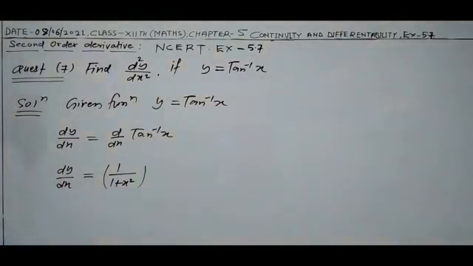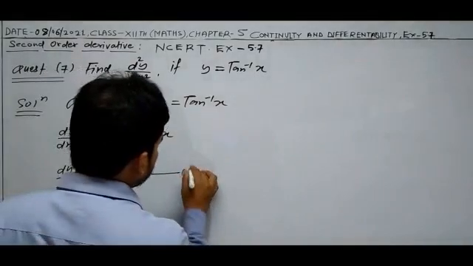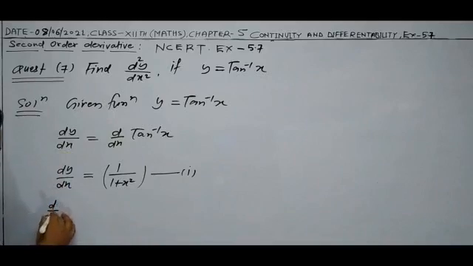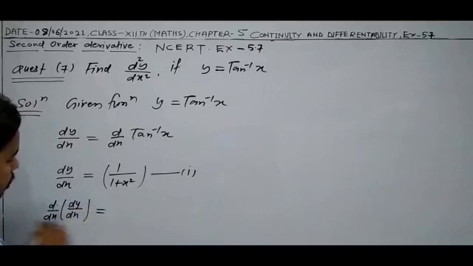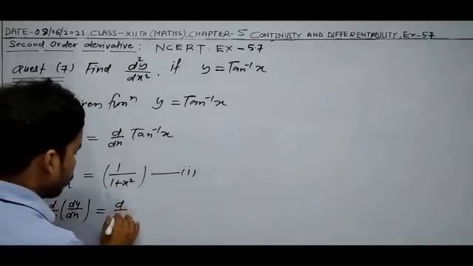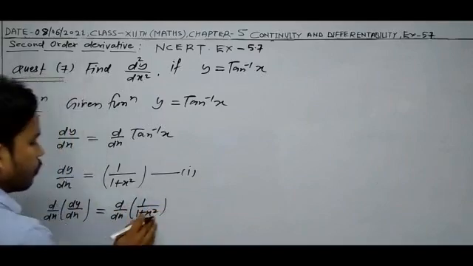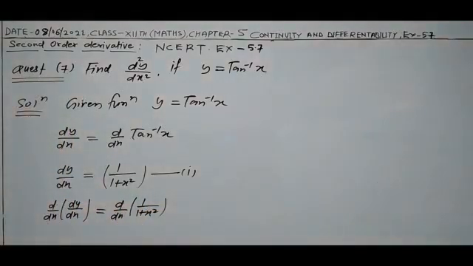Consider equation 1. Again you have to differentiate this function using the quotient rule. So operate d by dx again on both sides. d by dx of dy by dx is equal to d by dx of 1 upon 1 plus x square.